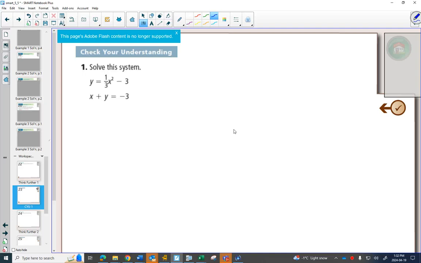Solve this system. And like I said, we're often going to use substitution. Can you see the y is already by itself? So that would let me take equation 1 and substitute it into equation 2. What does that look like?